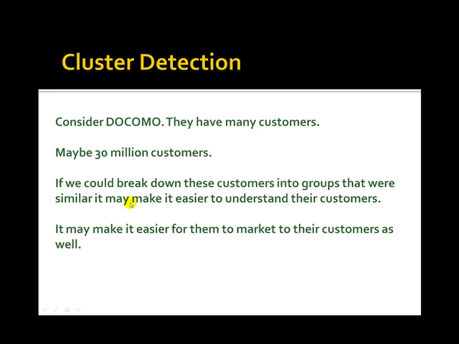If they have one group that likes flashy phones, they won't send them information about phones that aren't flashy. They'll send them information about phones that are flashy. So it may make it easier for them to market to their customers.